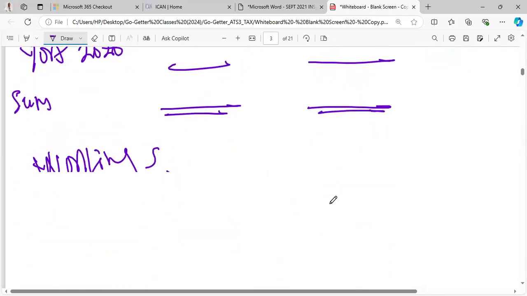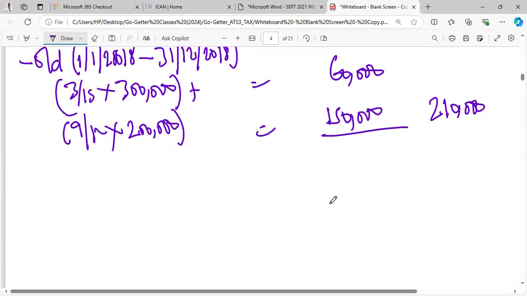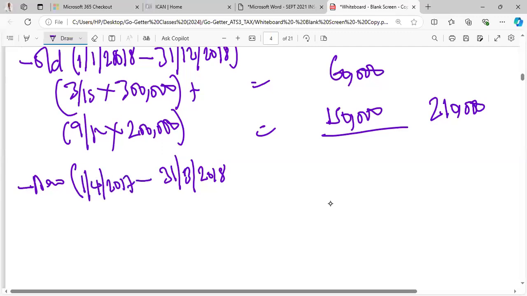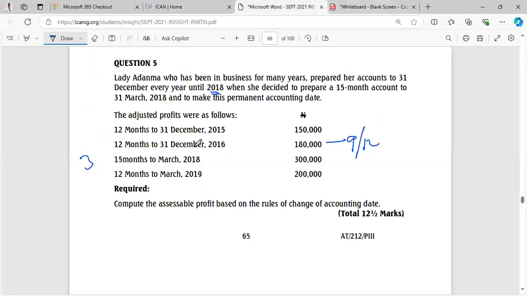Okay, so for the new, since it is ending in March 31st and we're in 2019, so it has to be March 31st, 2018. It must have started from April 1, 2017. So where can we get April 1, 2017? Of course, April 1, 2017 must be inside these 15 months.